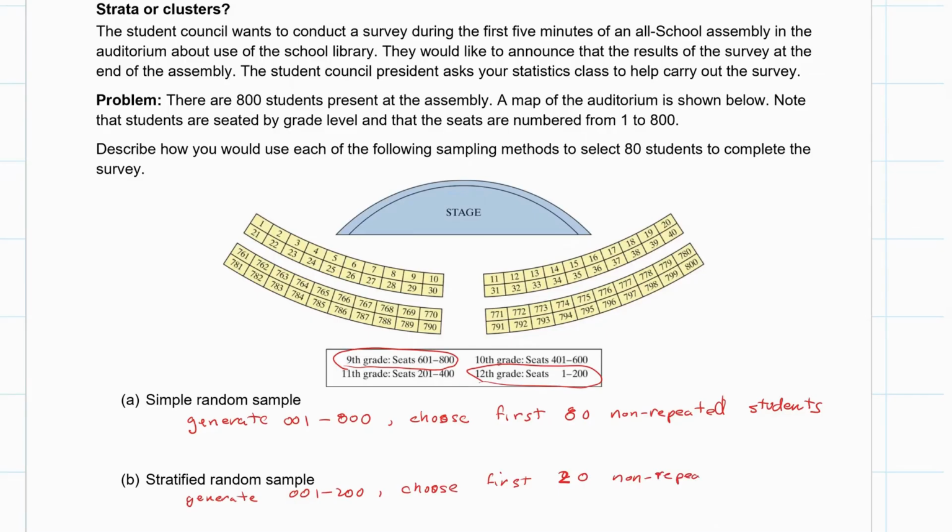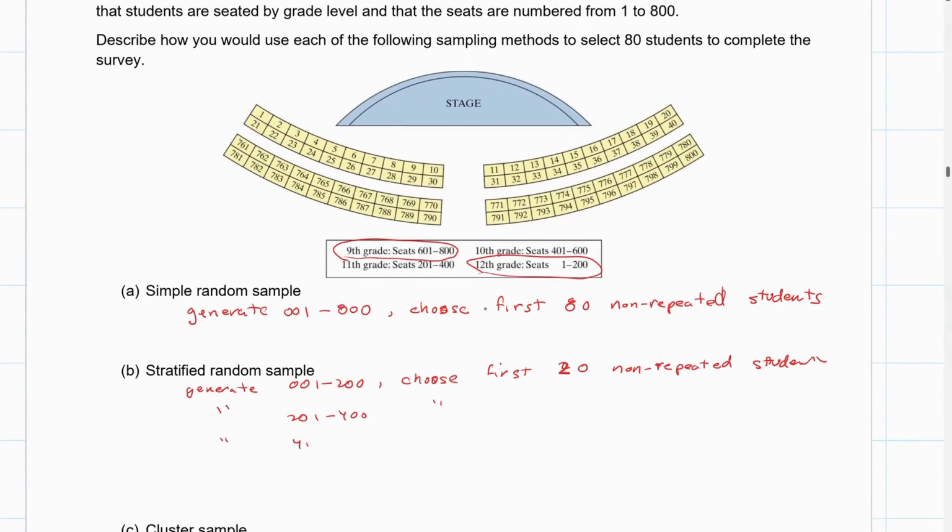Because we're going to choose 20 seniors, and then we'll do the same for juniors, the same for sophomores, and then the same for freshmen.